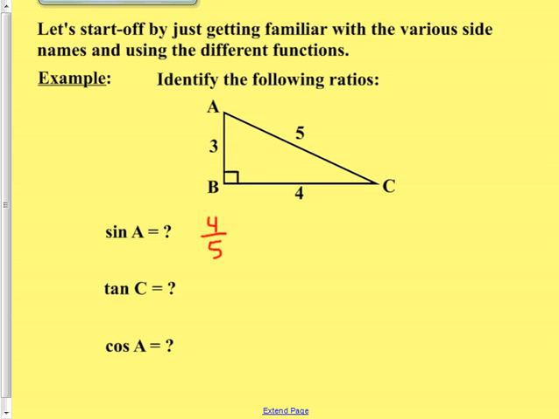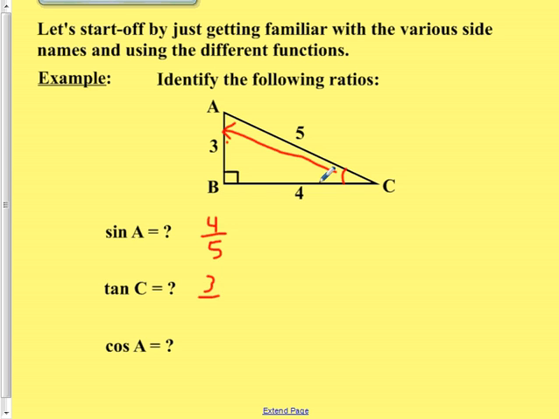So tangent is represented by opposite over adjacent. But this time we are told to look from the angle near vertex C. So our theta is going to be down here this time, and opposite would be, a terrible line, but I managed to actually get to the side eventually, the 3.